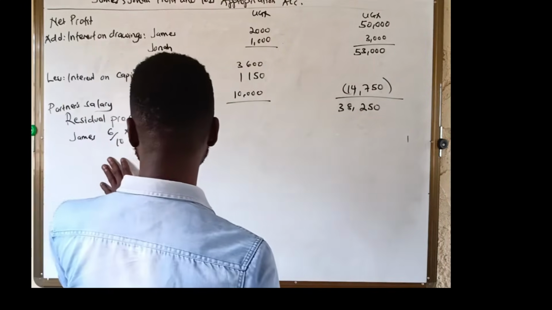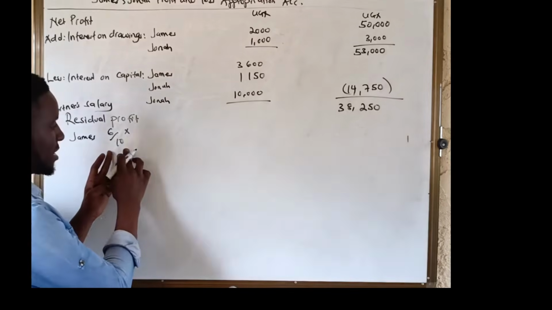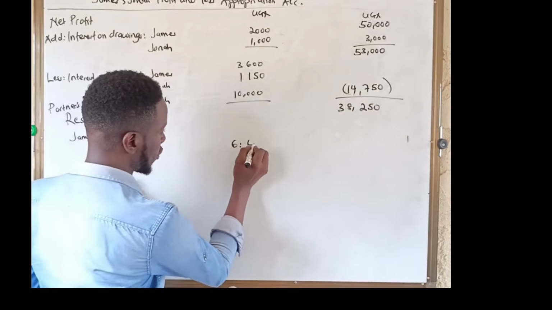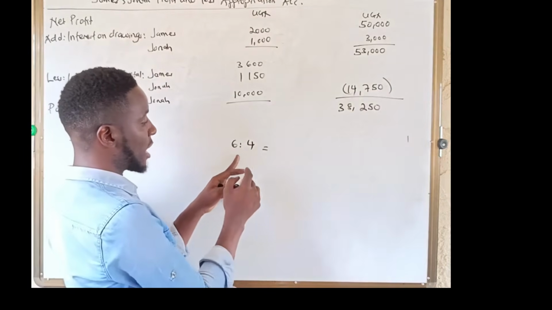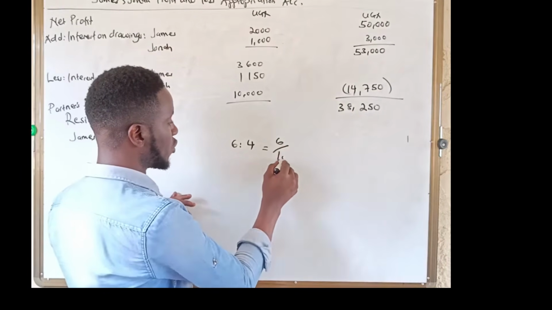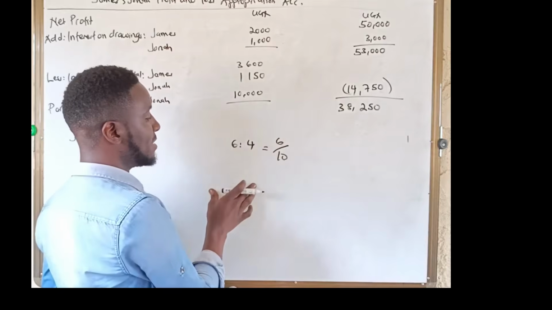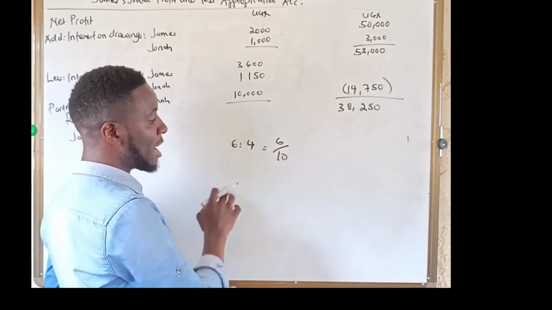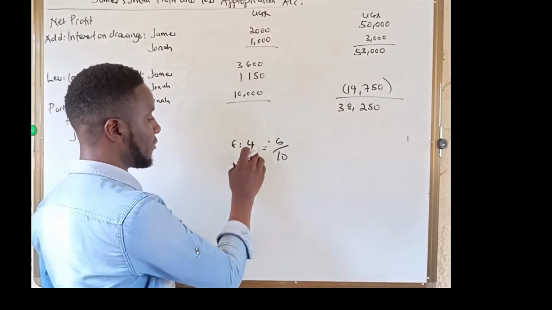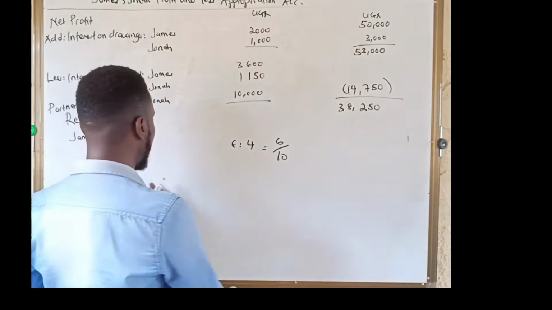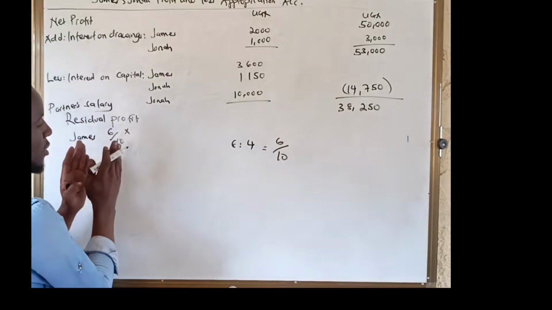I hope we know how we come up with 6 over 10. Remember, the ratio is 6 to 4. So when we are finding how much this person got, we shall have 6 out of the actual 10, because 6 plus 4 is 10. That means it was out of 10, but out of 10, this person actually has 6. So out of 10, this person has 4. So this is how we are going. That's why we are coming up with a 6 out of 10.